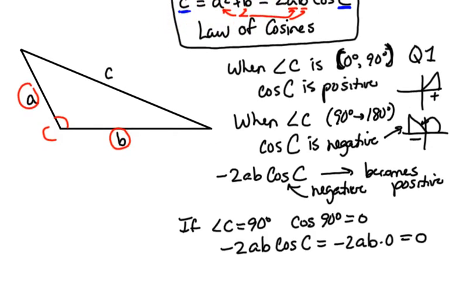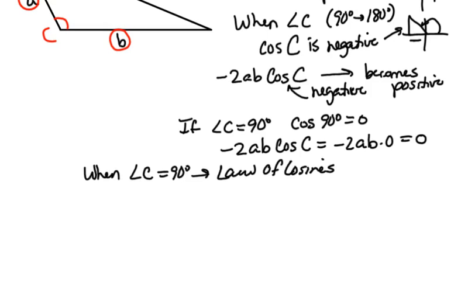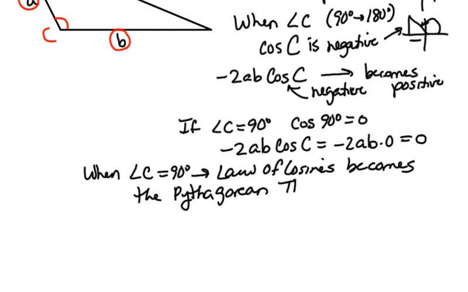So the Pythagorean theorem is actually a special case of the law of cosines. I'll just summarize that. So when C equals 90, the law of cosines becomes the Pythagorean theorem. So you've actually been using the Pythagorean theorem, or the law of cosines, for many years, and you just didn't know it. It's just the simplest version of it.